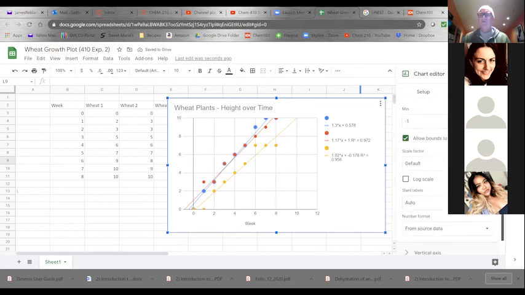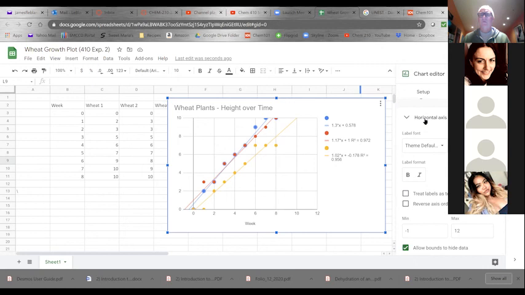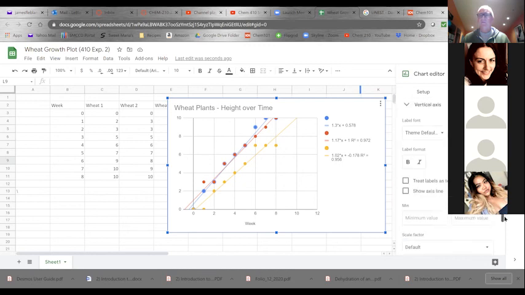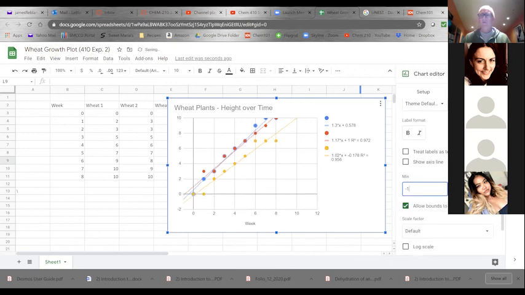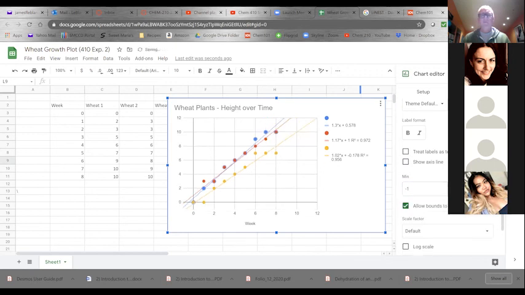And then do the same thing with the vertical axis: -1, 12. That way we get to see all of the data. We don't lose anything. And then finally, change the axes labels: put in the week, the time, and the height.